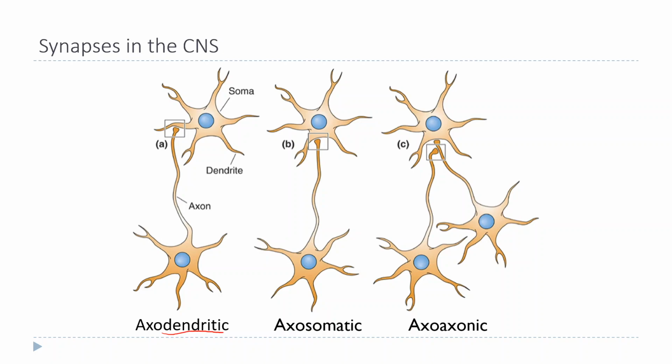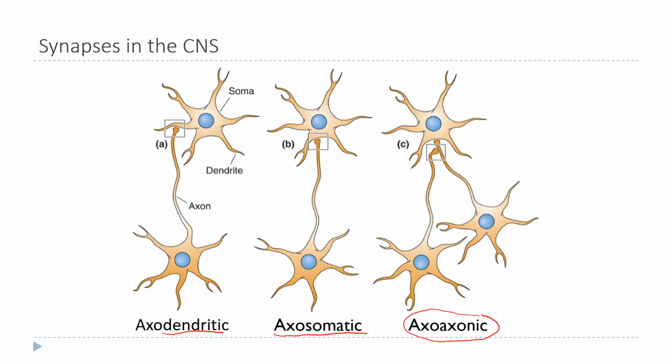But you can have a synapse where the presynaptic terminal connects to the cell body of another neuron. Remember, soma is the other name for a cell body, so we call that an axosomatic synapse. Meanwhile, you can even have a synapse where the presynaptic terminal is the end of an axon, and the postsynaptic membrane is part of a different axon, usually somewhere along the shaft of the axon, and we call that an axoaxonic synapse.